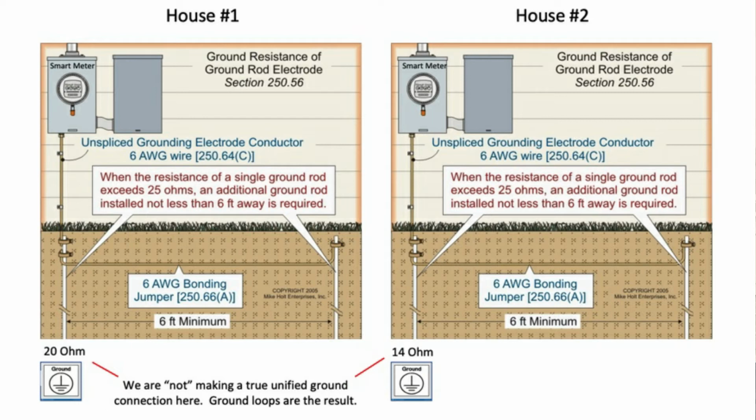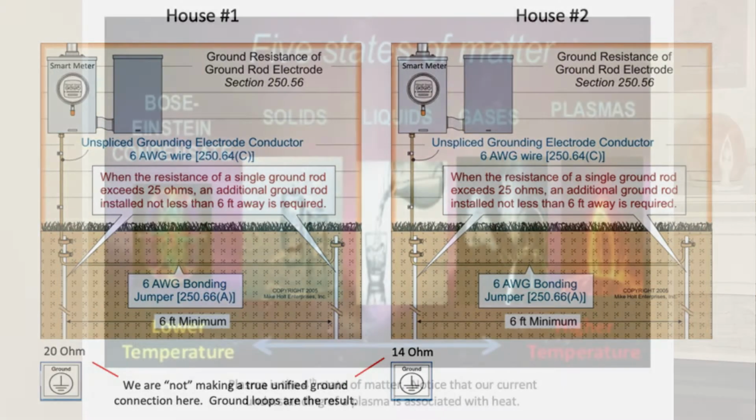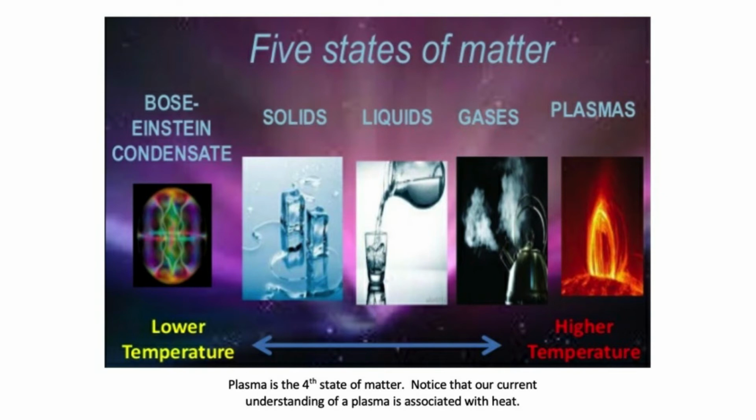I think the right way to think about this is to consider that this entire world experience is really just a play of 5 different states of matter. This is the most basic scientific description that we can come up with.